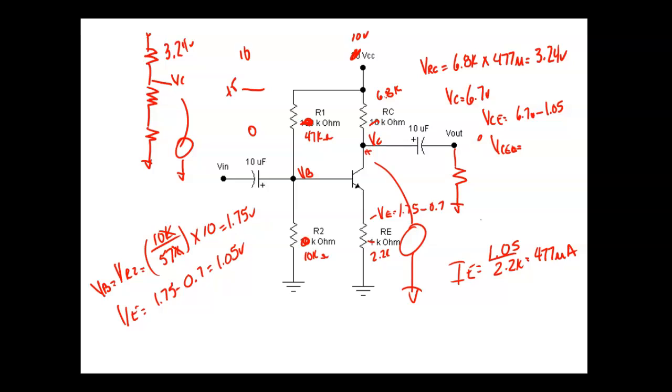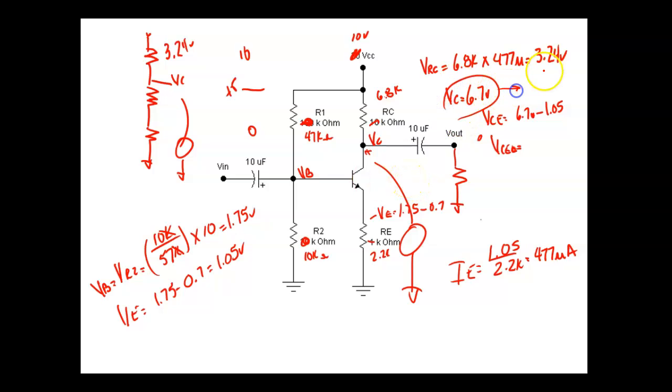I did the math, and I got 6.5 volts. No, we're trying to get VC. VC is 6.7 volts.